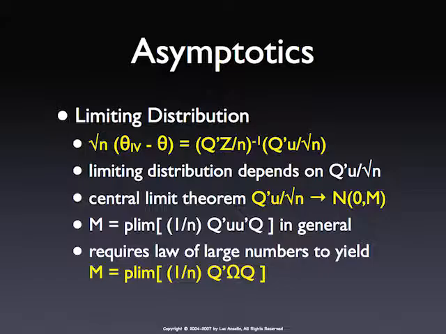We have to prove, we won't do any proofs in here, but that's what is needed, that this part, this q prime u divided by the square root of n, somehow goes to a normal distribution with mean 0, so that on average this difference goes away, and with a variance. And this variance, very generally put, and this will allow us to move to specific cases, is the probability limit of, again, some kind of average, of the cross product of q prime u u prime q.